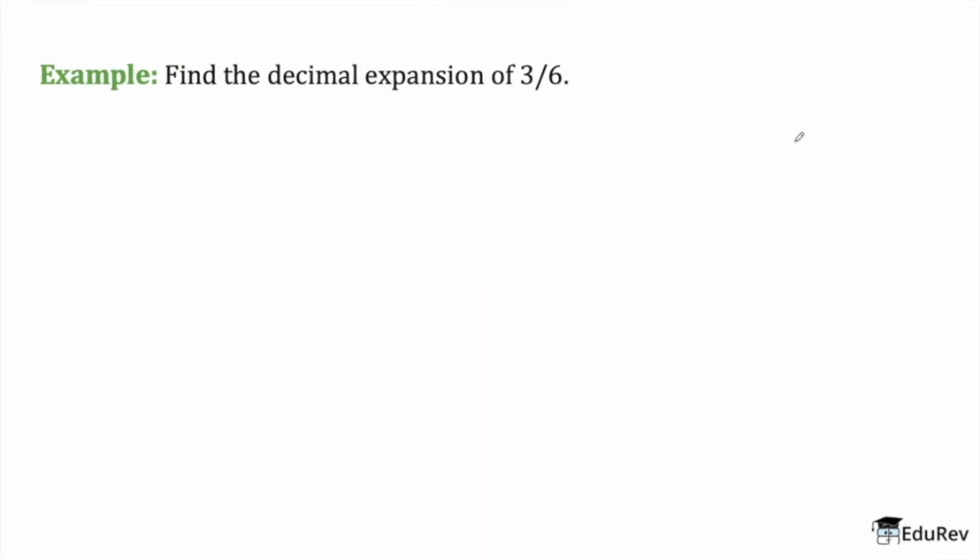Okay. So first of all, we need to find the decimal expansion of 3 by 6. So 3 by 6 is basically that we have 6, 3. So it's going to be what? 0. If I write 0 point, because of this point I can put a 0.0 here.